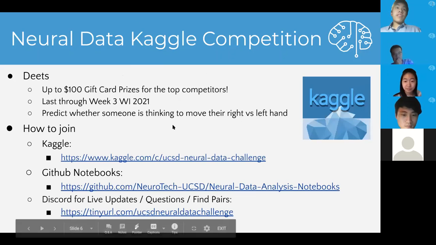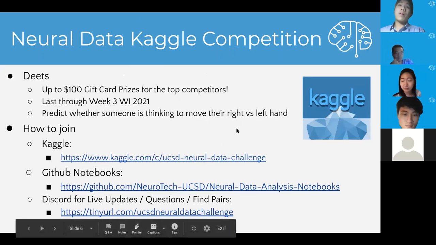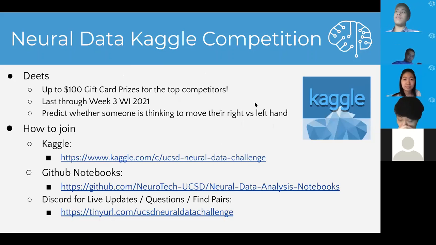As a refresher on our NeuroData Kaggle competition, this workshop is the second in a series of 4 workshops, so there will be 2 more related to the Kaggle competition that we and DS3 are hosting together. There will be up to $100 gift card prizes for the top competitors.